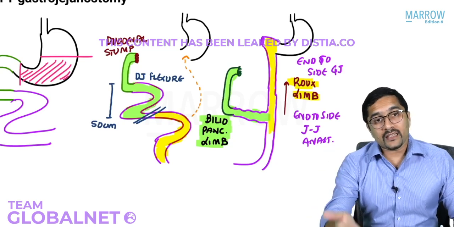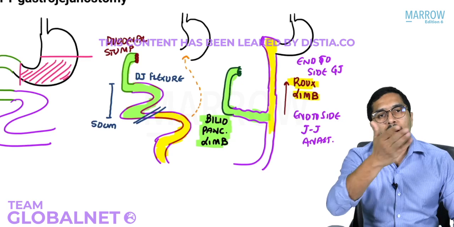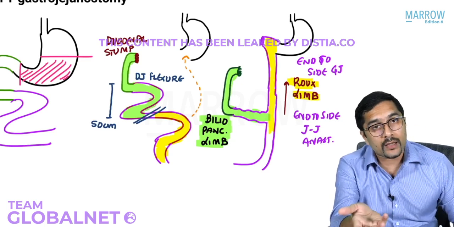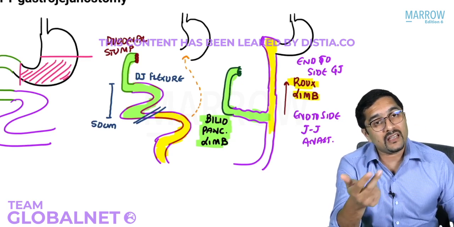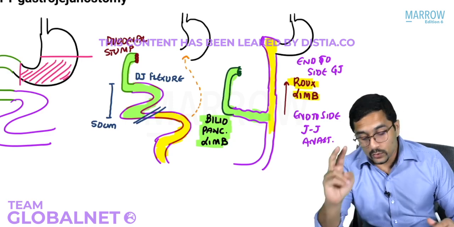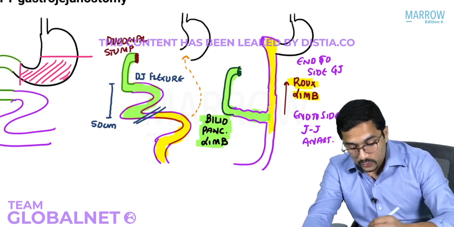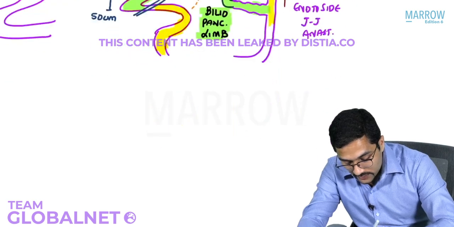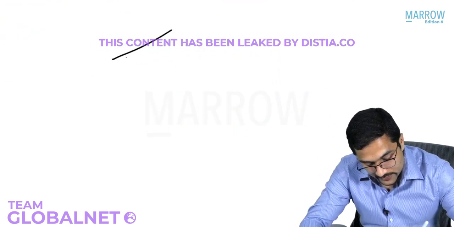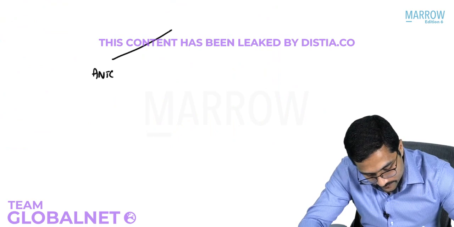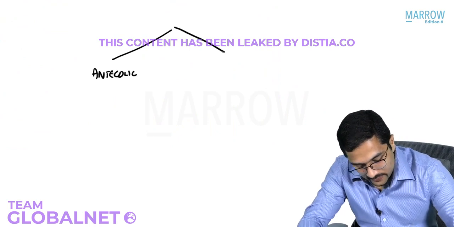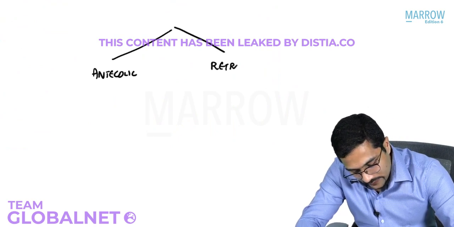So I have to get the jejunum from the infracolic compartment into the supracolic compartment to anastomose with the stomach. Now I can do that in two ways. One method is known as anticolic, and the other one is known as retrocolic.